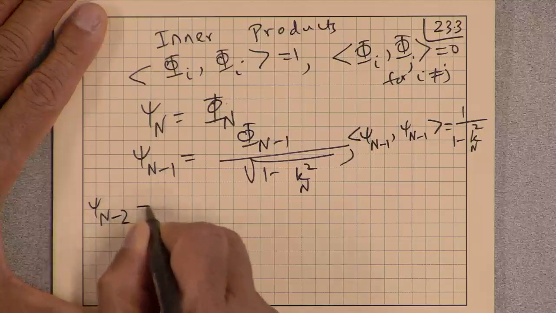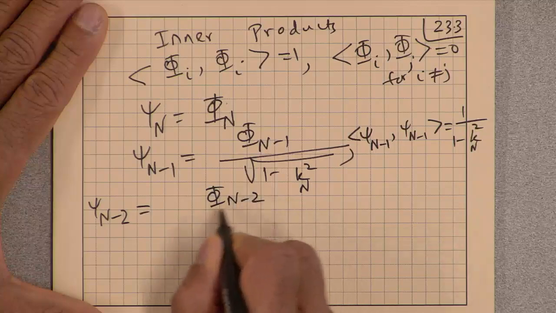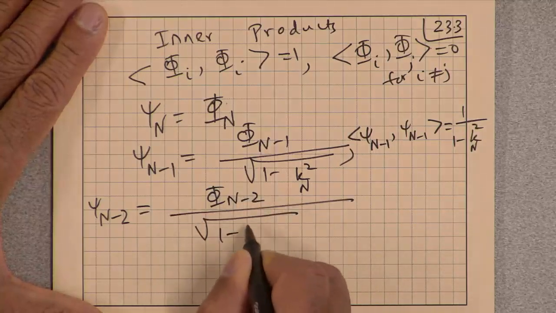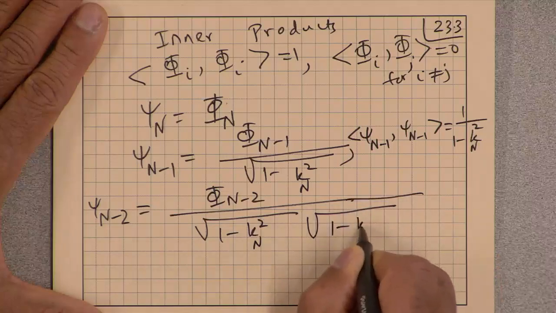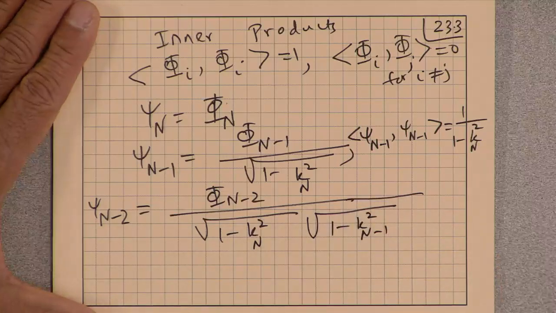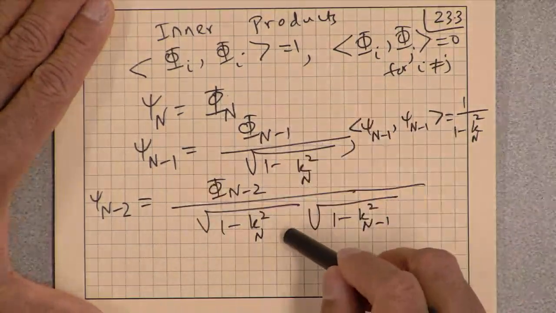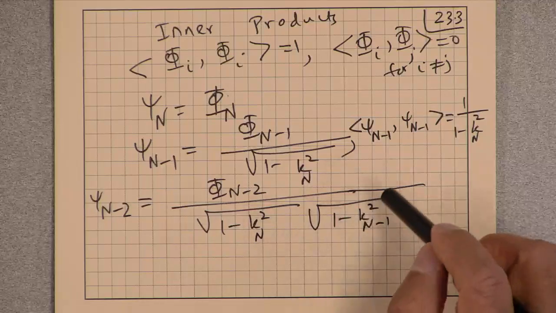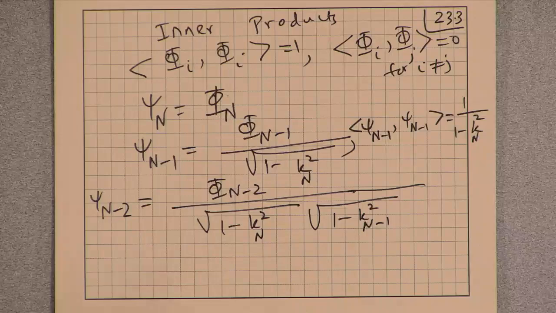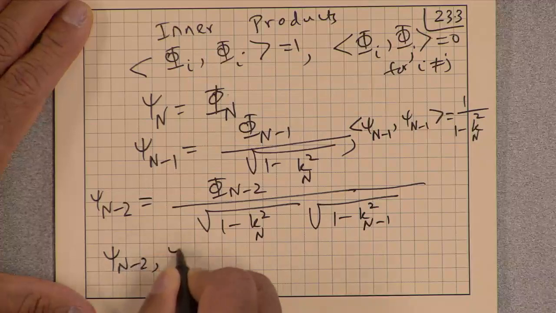Similarly, psi n minus 2 is going to be phi n minus 2 divided by square root of 1 minus kn squared times square root of 1 minus kn minus 1 squared. So in terms of phi polynomial, I go through one more degree reduction, and when I go through the second step, we need to introduce 1 minus kn minus 1 squared, and then that suggests the inner product of psi n minus 2 with itself.